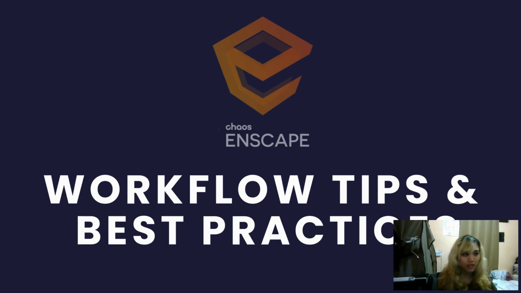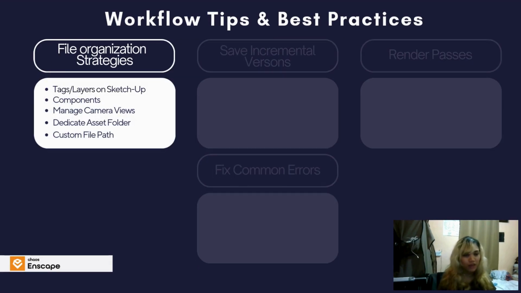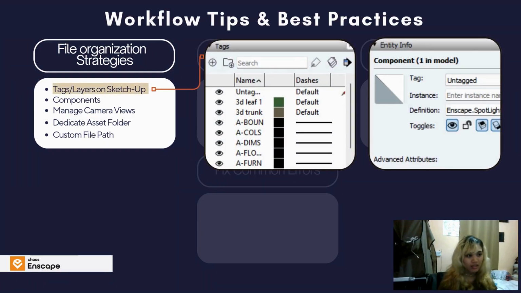Here are the workflow tips and best practices for Chaos Enscape. We have here 4 basic workflow tips. First one is file organization strategies. This is the organization of tags and layers. This is an important process, the same as in any other rendering software.